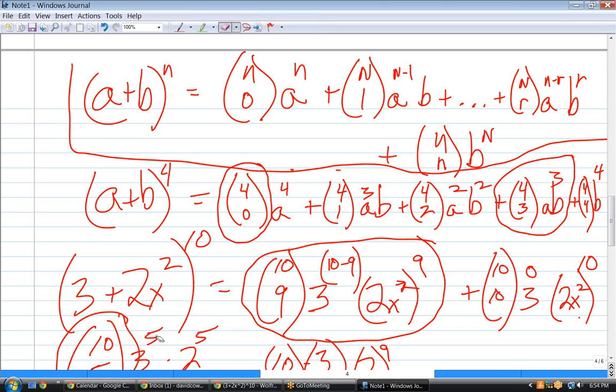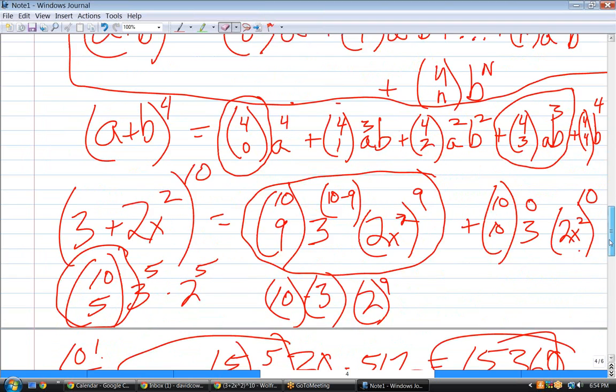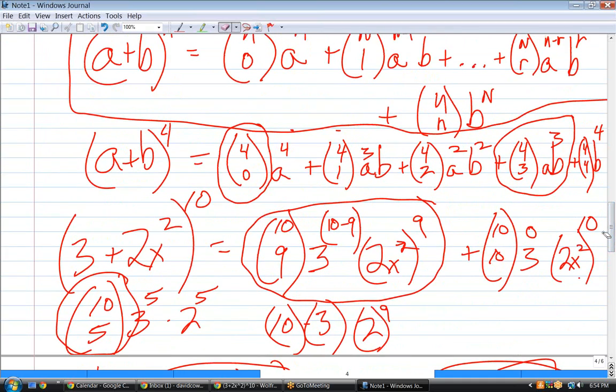And they ended up with 3 to the 5th, 2 to the 5th. Well, that's in the middle. That is like the 6th term. Yeah. It would appear that that's the 6th term. In fact, it is, as far as the coefficients go.